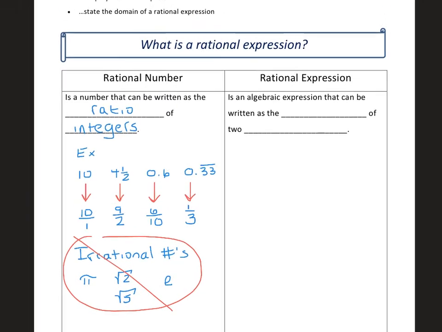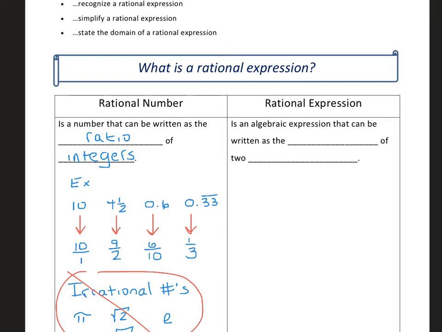So what are rational expressions then? Well, as I said, think fractions. Only this time, with a rational expression, we have algebraic expressions, and they can be written as the ratio of two polynomials.